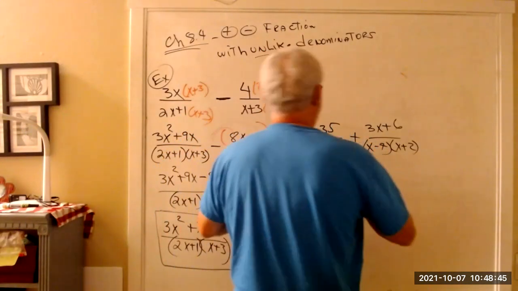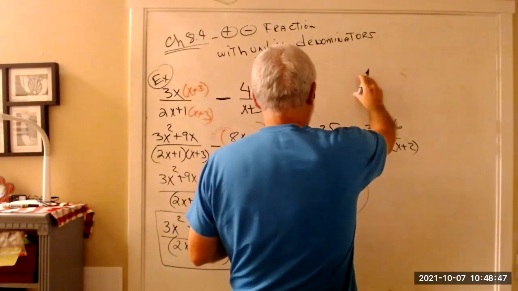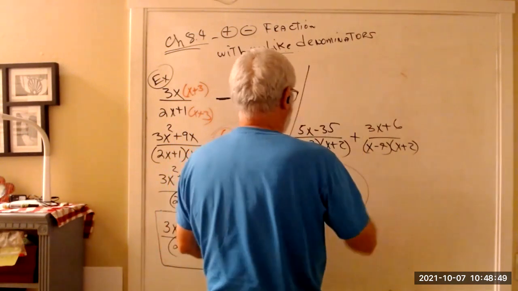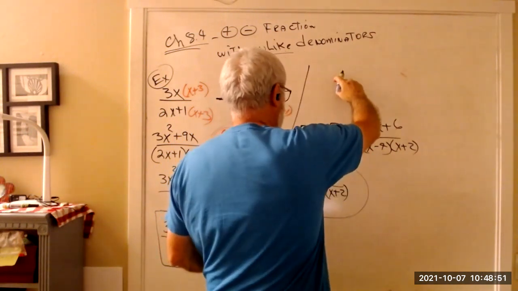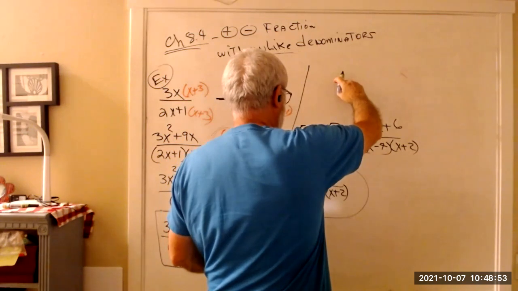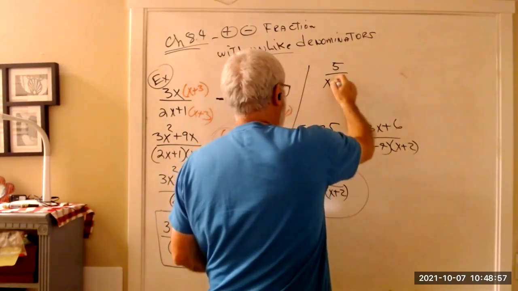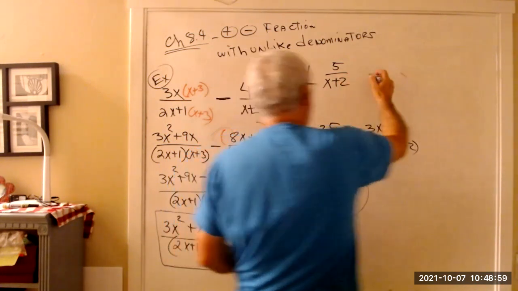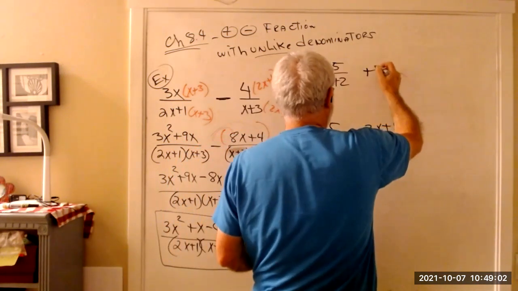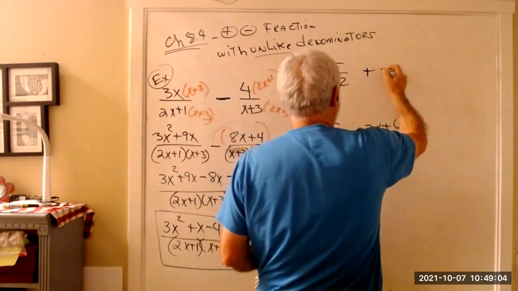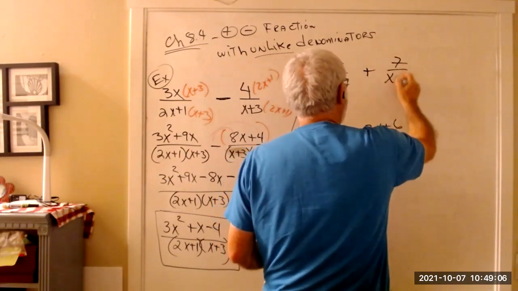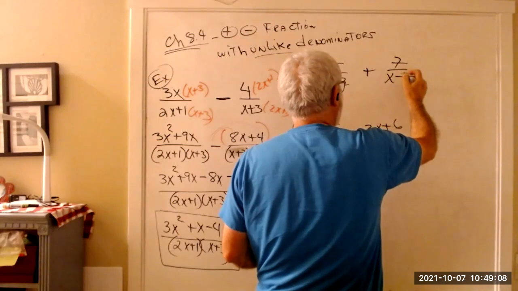Remember this, what was this first problem? Do you have that? I had to erase it. It was something like 5 over x plus 2. Is that right? Plus 7 over x minus 7? 7 or 3?